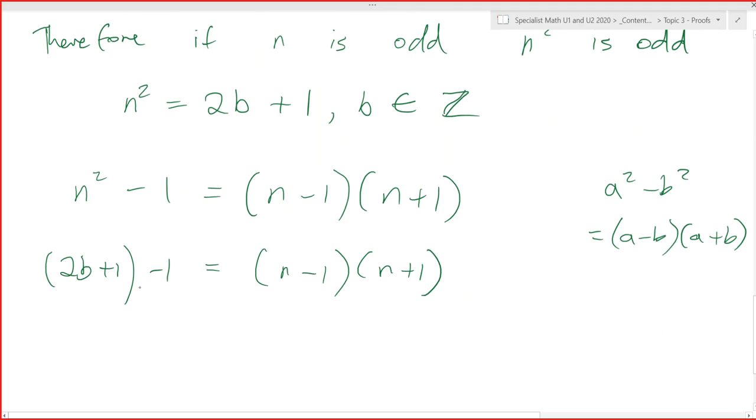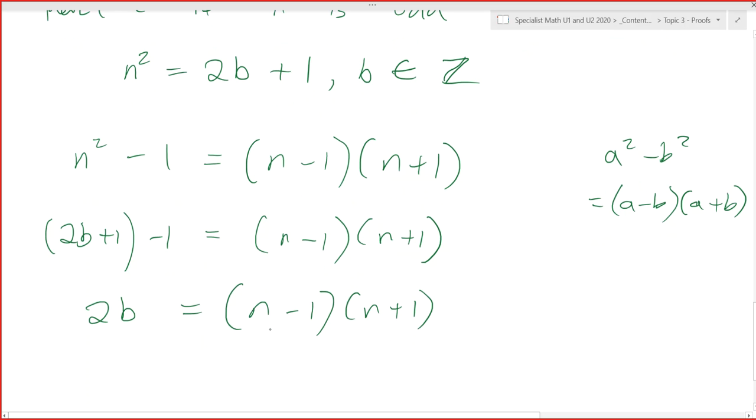So that gets rid of the plus 1, right? And you remember the null factor law, even though it's not 0. So 2b equal to n minus 1, or 2b equals n plus 1.